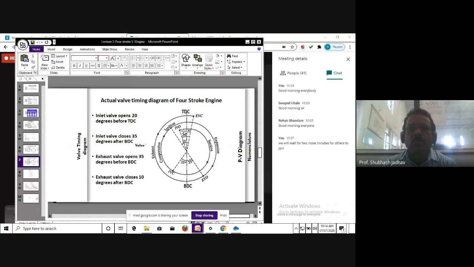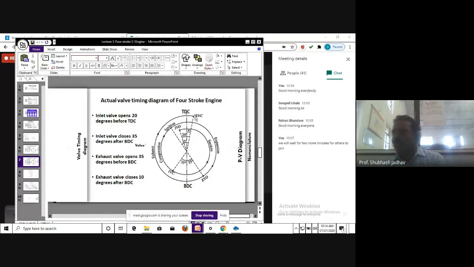Correct. And now you can see initially it started from here, then it went to top dead center, and then to bottom dead center, then again to top dead center, then to bottom dead center, and then to top dead center, and moving ahead it ended over here.